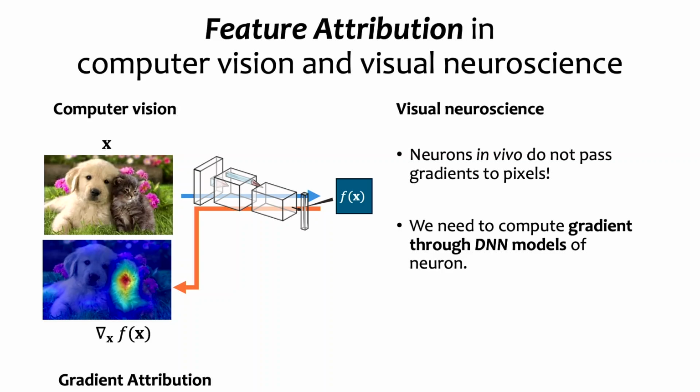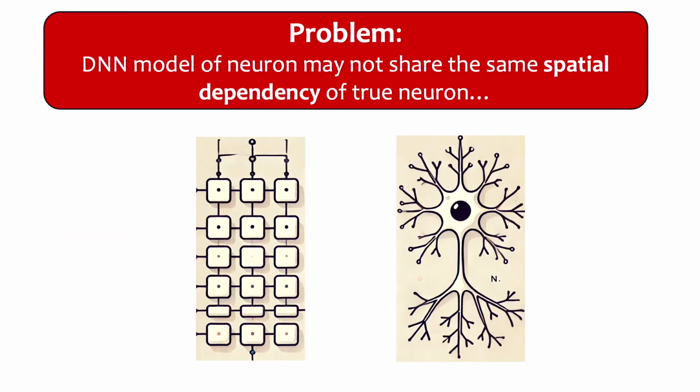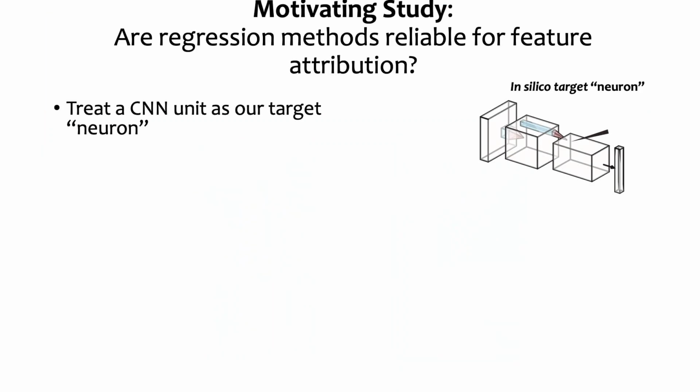The issue driving this research is whether our DNN models are good enough to predict that spatial dependency, or receptive field. We think it's not enough in many cases. So this is a motivating study using an in silico setup. Since in many cases we don't really know the neuron's receptive field in vivo, we first start with in silico target neurons.